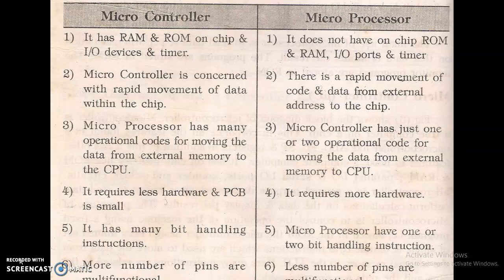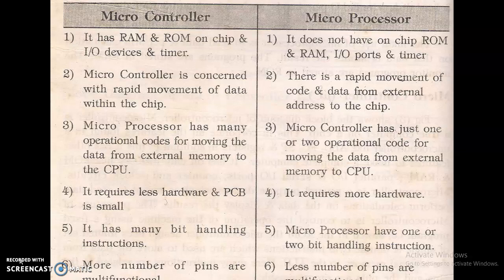Now the microprocessor will not have so much of hardware on chip, so it will require more hardware. Microcontroller has many bit handling instructions, whereas microprocessor will have 1 or 2 bit handling instructions. So in case of microcontroller, more number of pins are multifunctional.